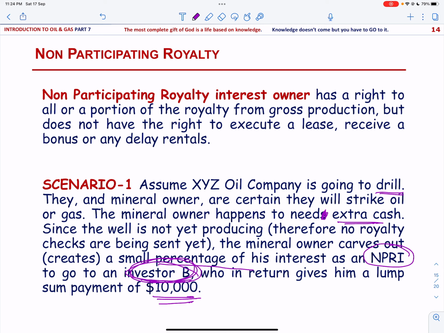The good thing about carving out a non-participating royalty interest is that the mineral owner is not in debt, and investor B owns a non-participating royalty interest in an oil well. So it is a win-win situation for everyone.